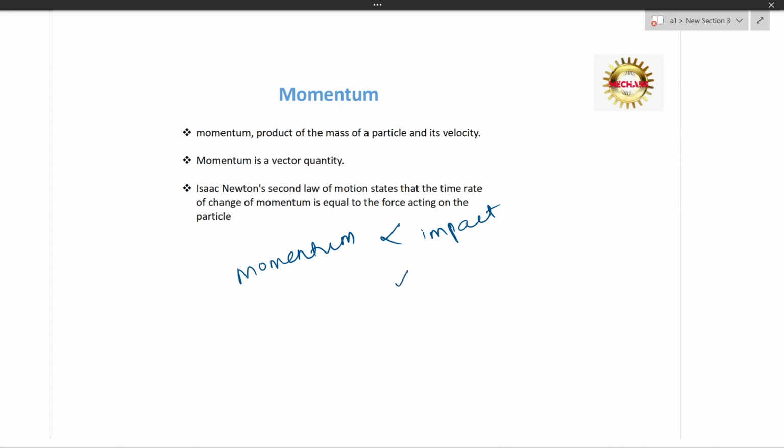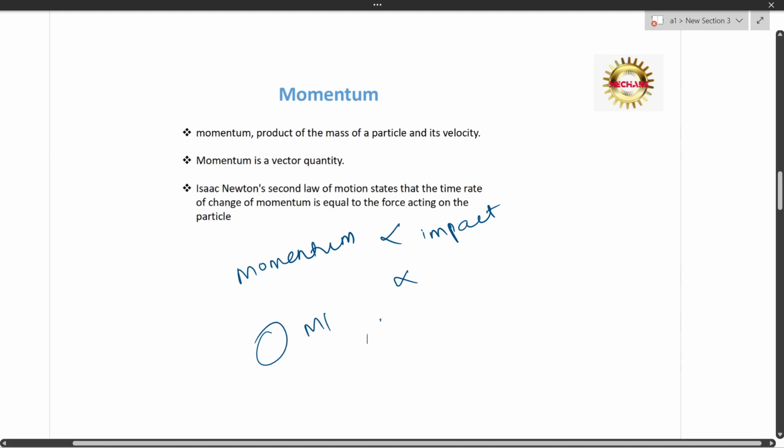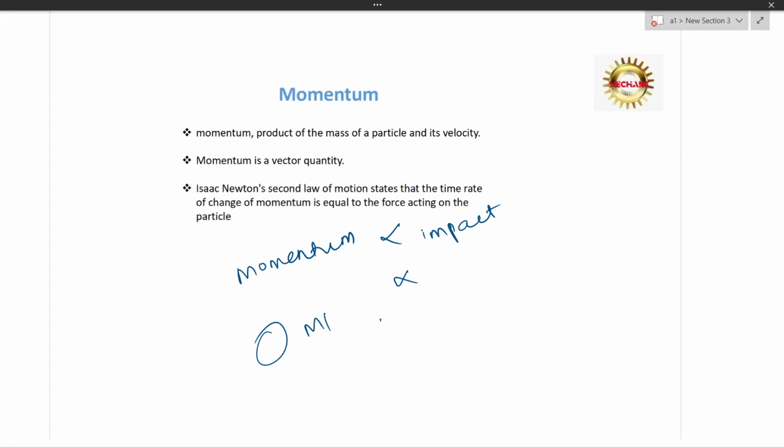And also, if you want to stop one object which is moving with momentum m1 in this direction, you have to apply an opposite force, considered as F1.